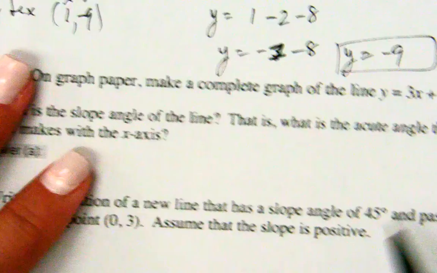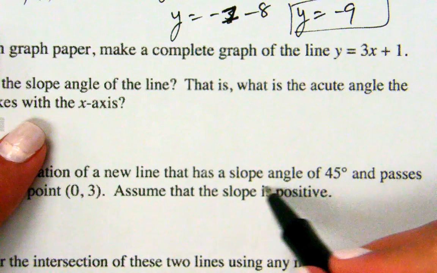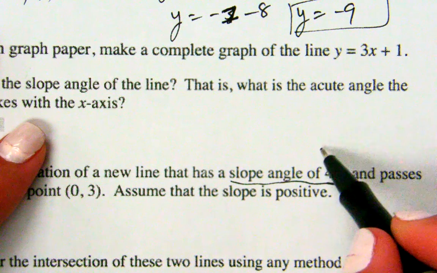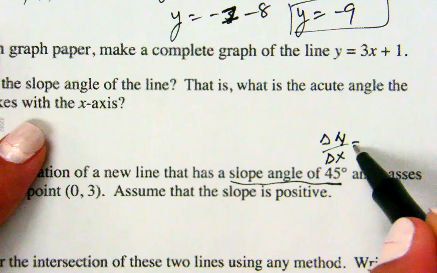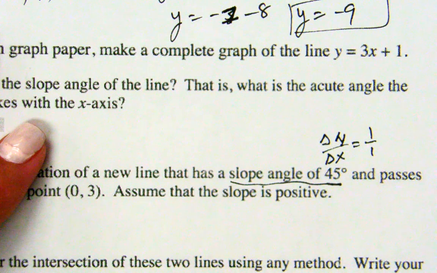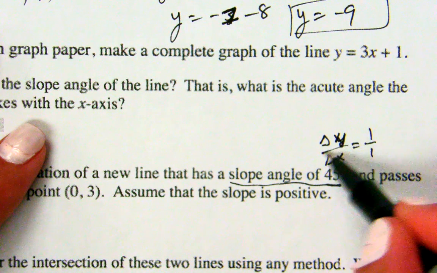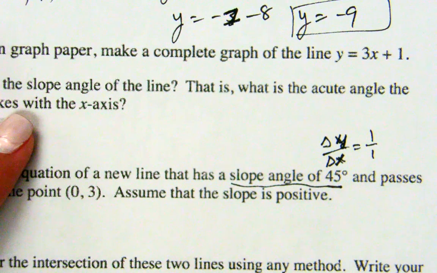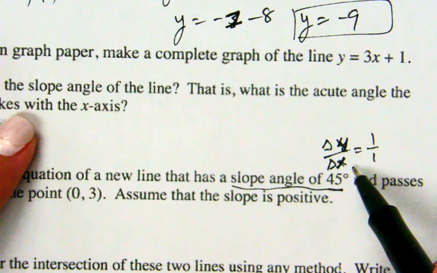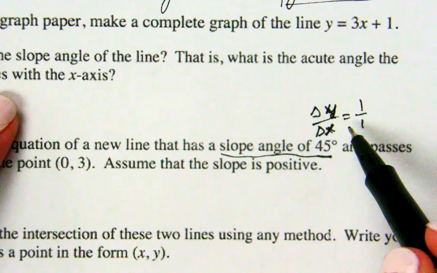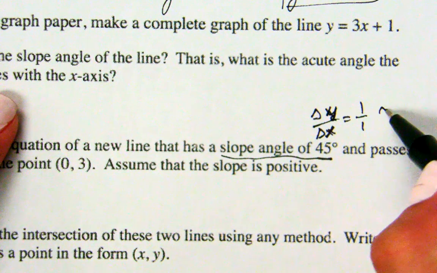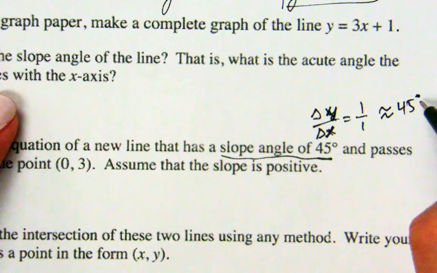If you go back to your trig table that we were doing, this slope angle of 45 degrees has a change in y and a change in x of 1 over 1. So technically, we don't really need to do too much to this one. This is from the trig table that we did the first time we started doing change in y over change in x. So this was equivalent to 45 degrees.